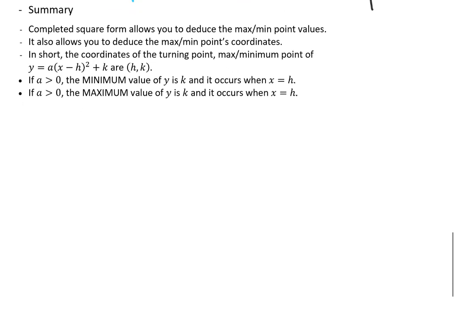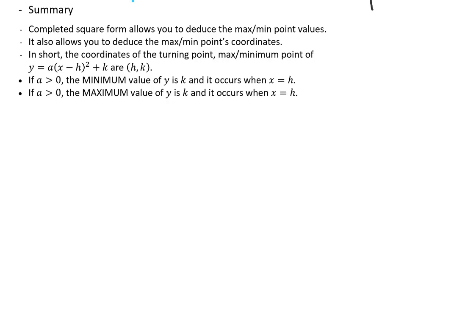Okay? So in short, the coordinates of the turning point, max or minimum point, of y equals a bracket x minus h squared plus k are h comma k, where h is your x, k is your y. If a is positive, a more than 0, it is a minimum value of y you are calculating for.